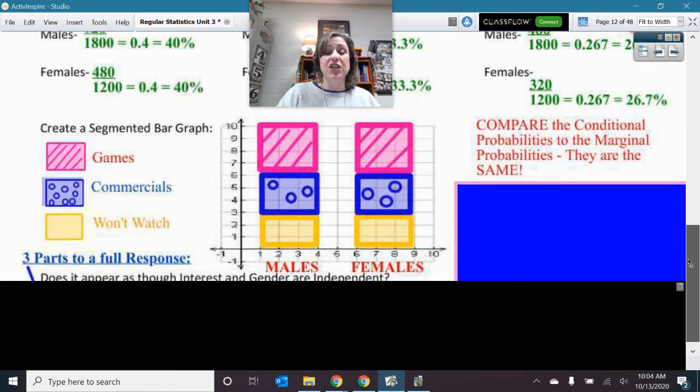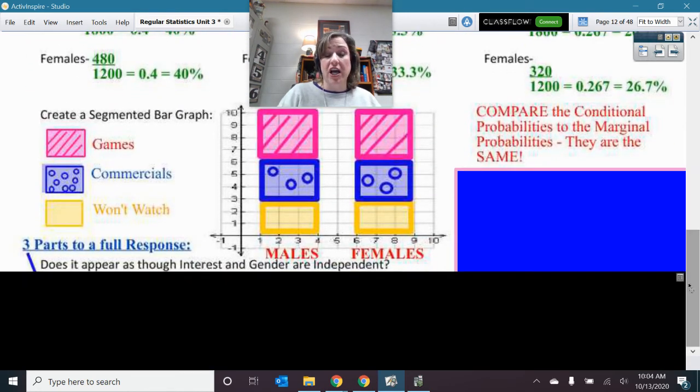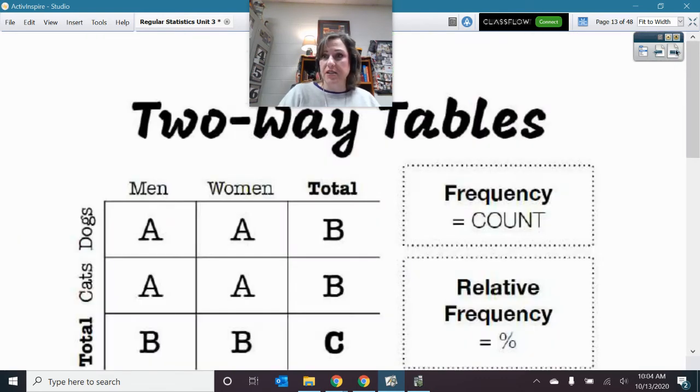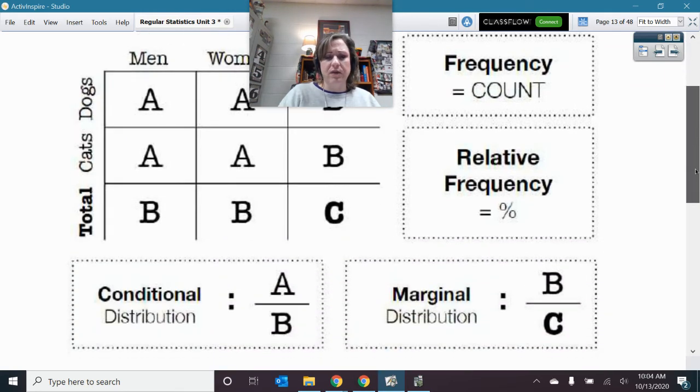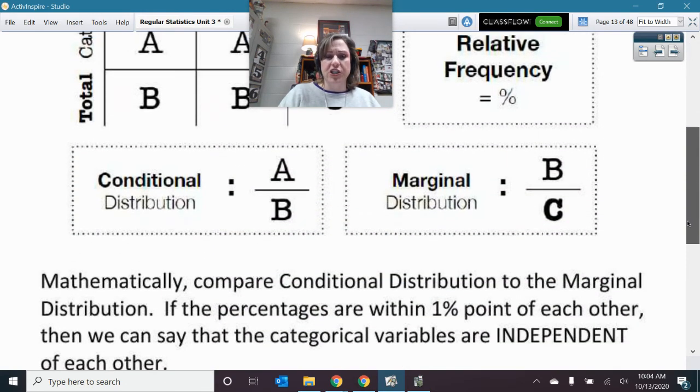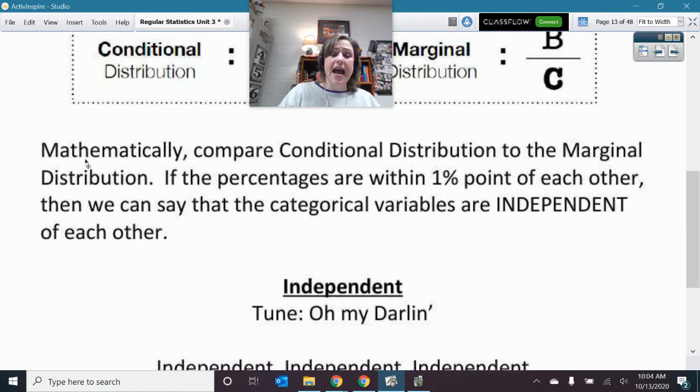So the fact that you are male or female does not change the rate. Okay? So I want to take a look at that real quick, and then we're going to come back to this response.